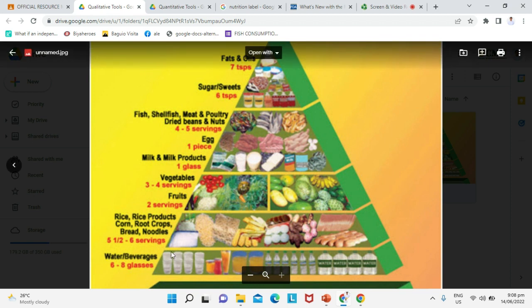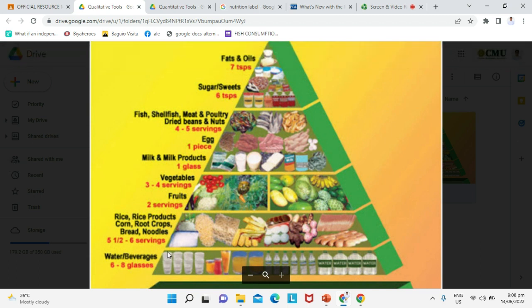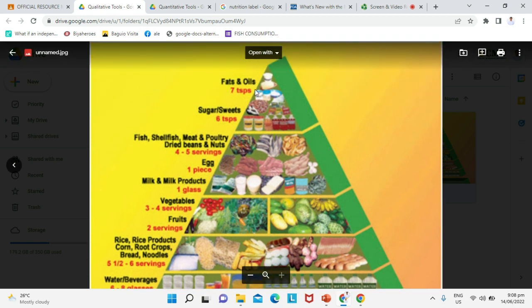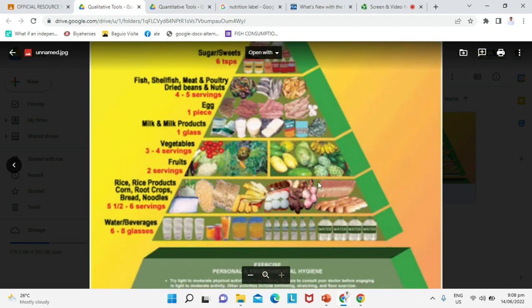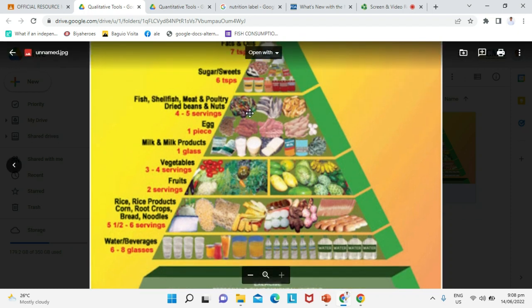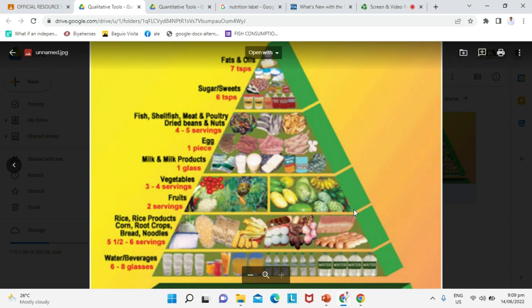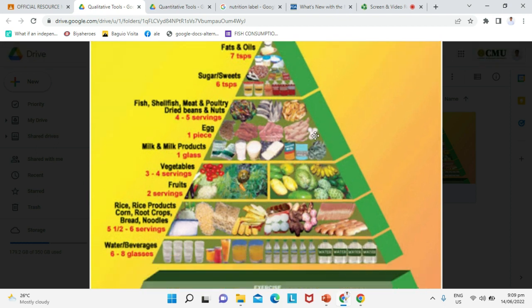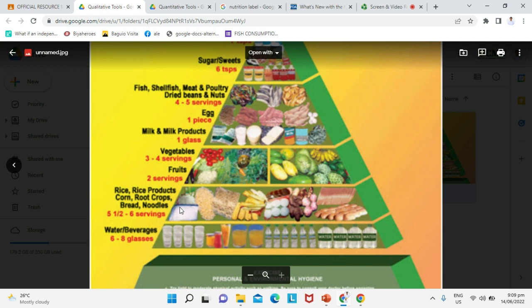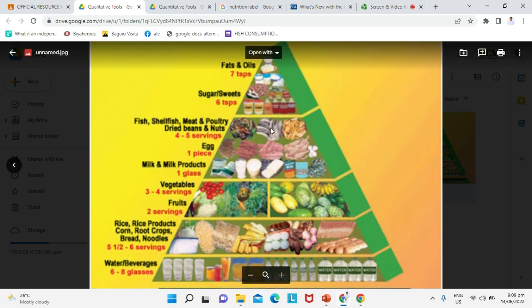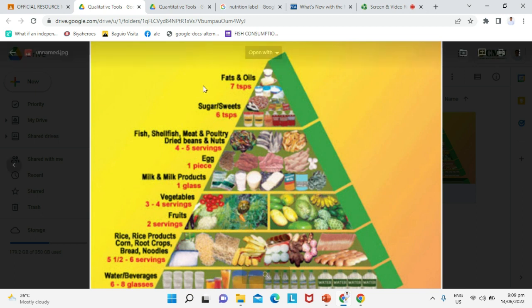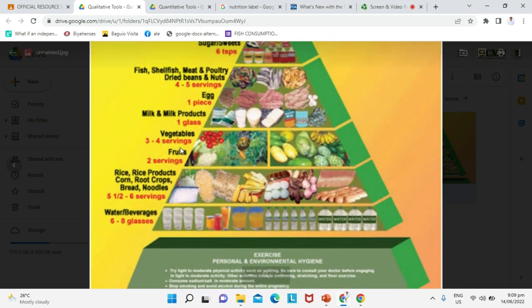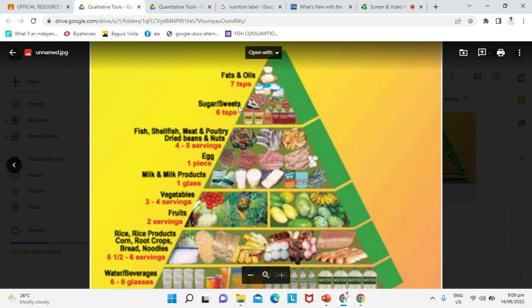So that means our biggest requirement is water and beverages, followed by this food group, and then vegetables, fruits, milk, the protein-rich foods, and then the smallest amount we need is fats and oils. Although it is qualitative, we can understand the interpretation just by looking at the pyramid shape, but it actually has quantities. Although it has quantities, it is still considered a qualitative tool.